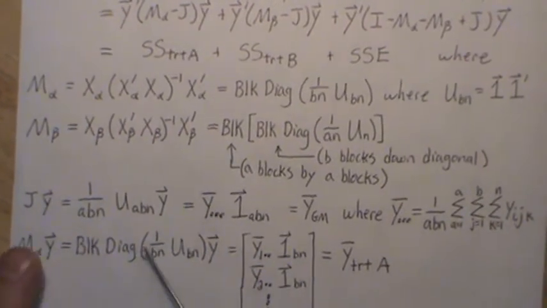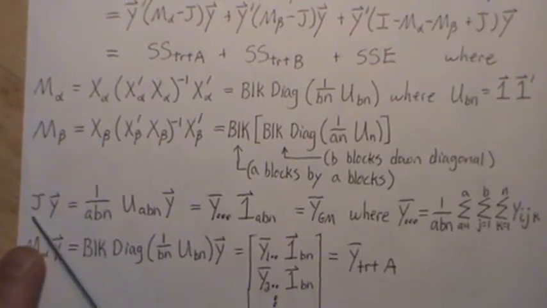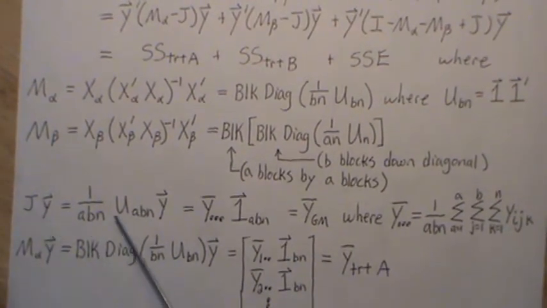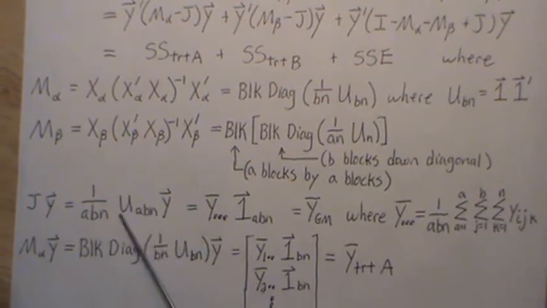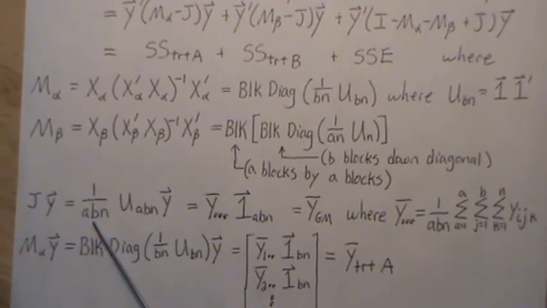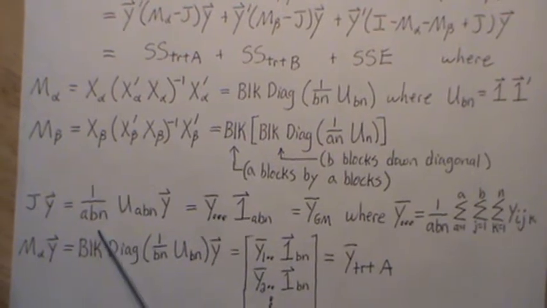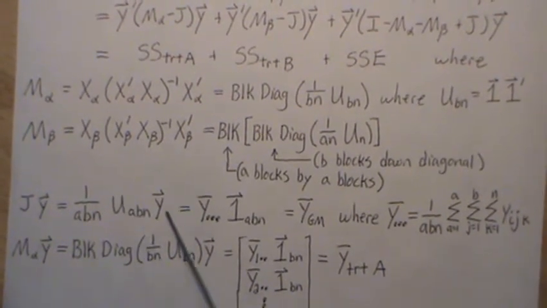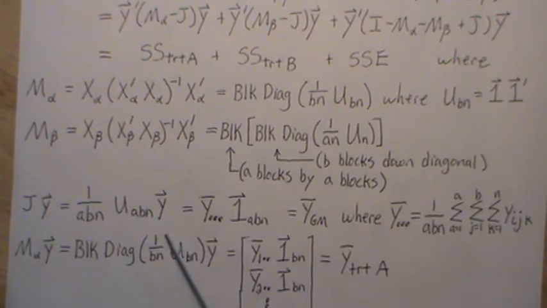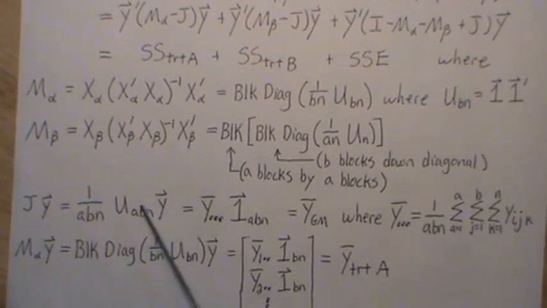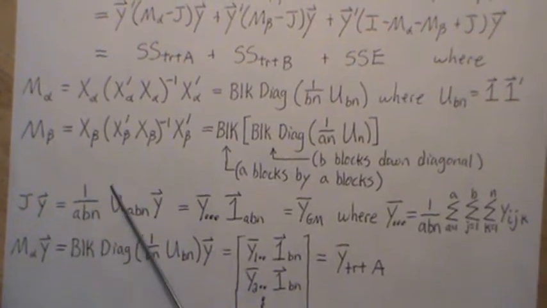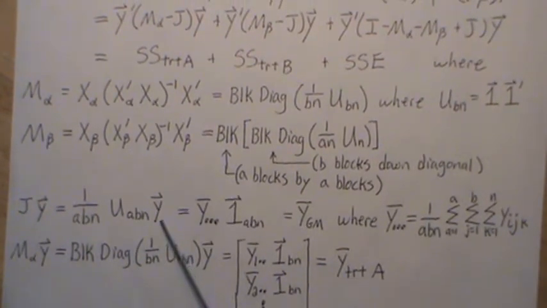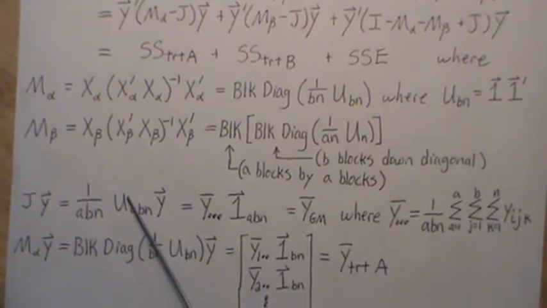So now let's look at when we multiply J times y. Now remember, J can be thought of as a matrix of all ones and then times 1 over abn. So when this first row is multiplied by this, it adds up every y element. So it's the sum, but then you divide and you get the mean of all the y's. And you do that for each row.